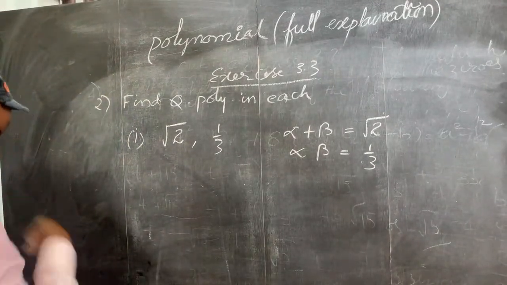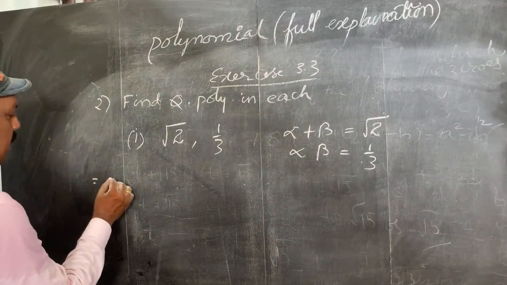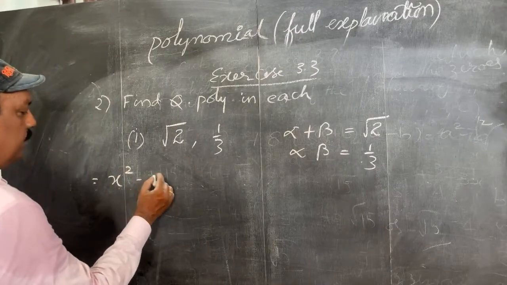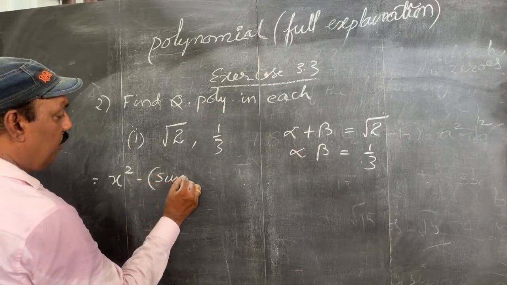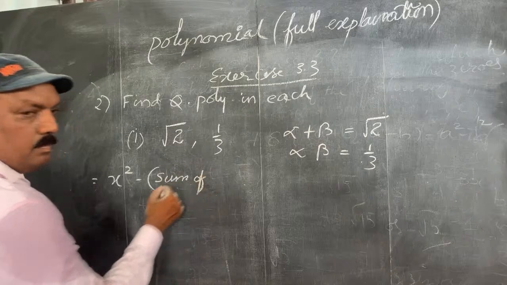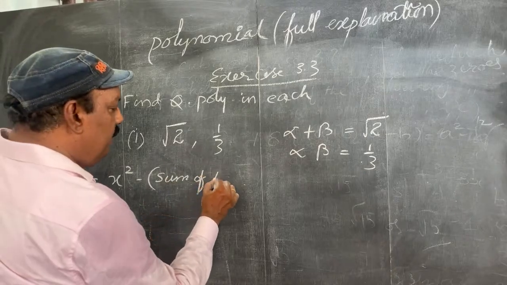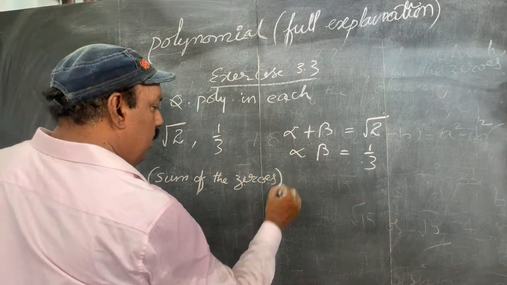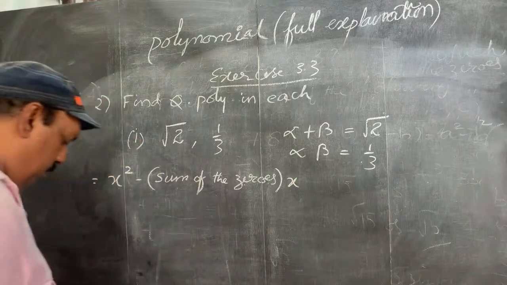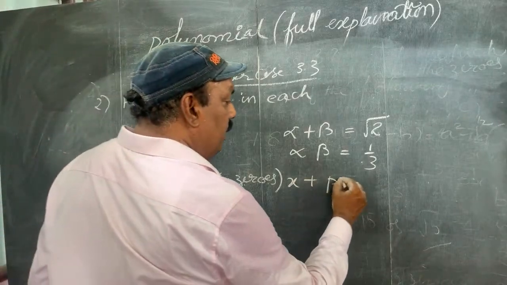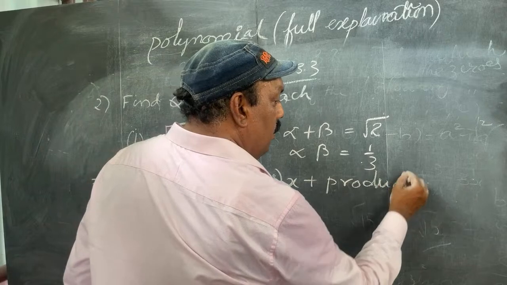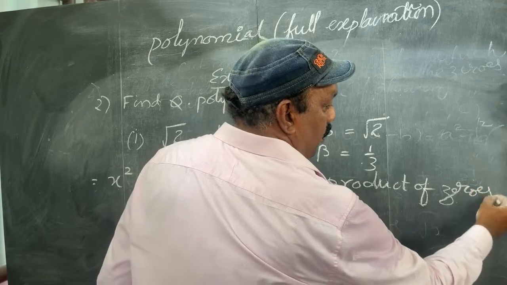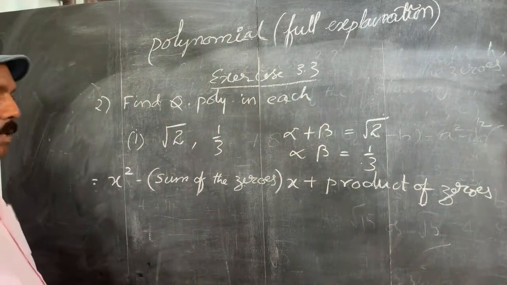Now how to develop: one formula is there, note down this formula, it is very much important. x square minus sum of the zeros into x plus product of the zeros.